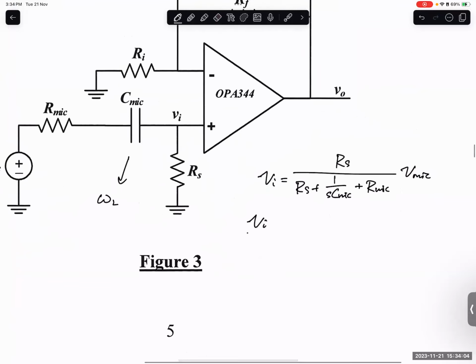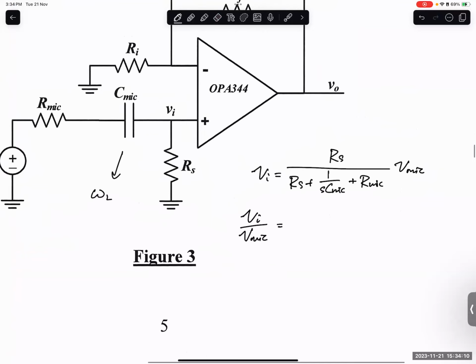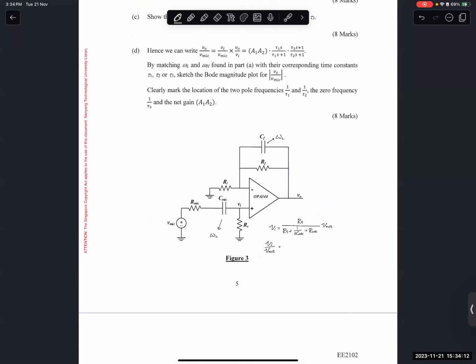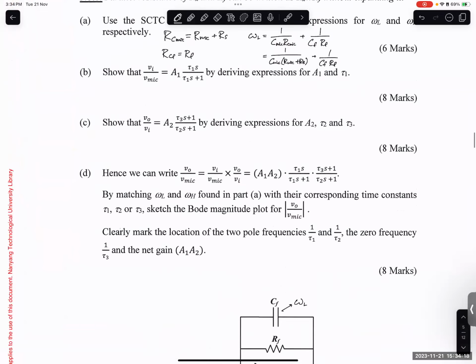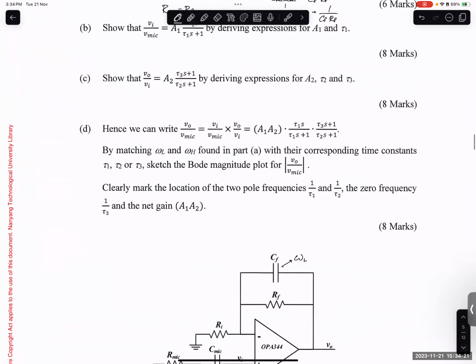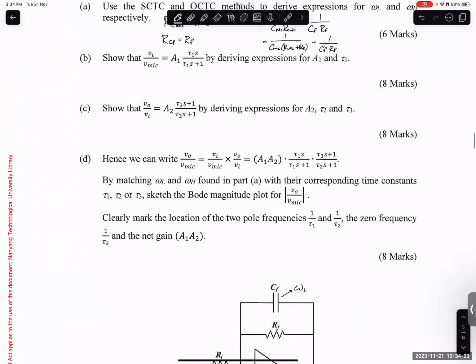Then after that, V_I over V_mic equals to, let's see how we can make it reduce. We need to multiply by everything. Okay, yes, looks right. I need to multiply by s.